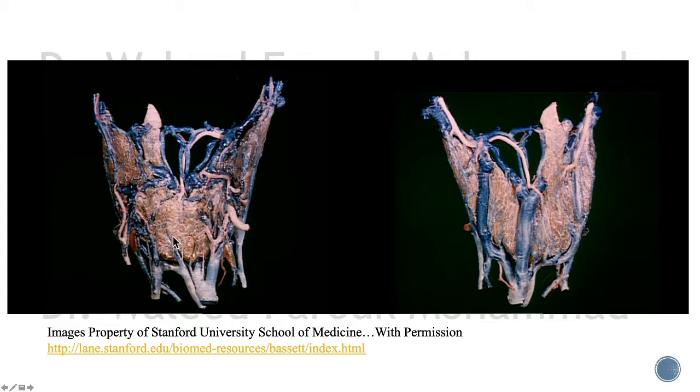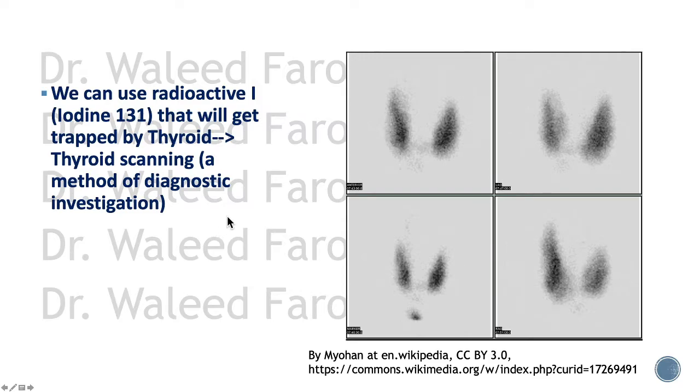This is a posterior view of the same thyroid gland. It's a beautiful specimen. Now, since we know that the thyroid gland traps iodine, we can trick the thyroid gland and administer a radioactive isotope, iodine 131. It's harmless.